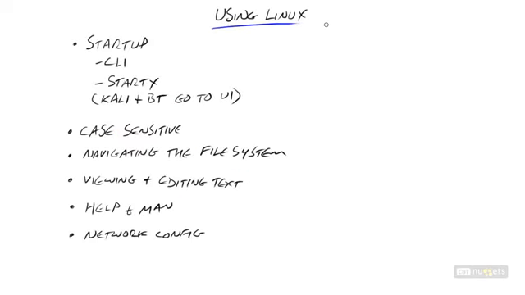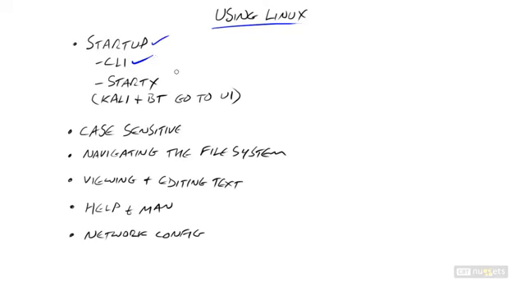Okay, so when it comes to actually using Linux, you'll turn on the computer, and when it starts up, older versions of Linux or versions of Linux where an administrator has forced it to go to the CLI will go to the CLI, and that's the command line interface, meaning that there's no graphical user interface like Windows and stuff like that.